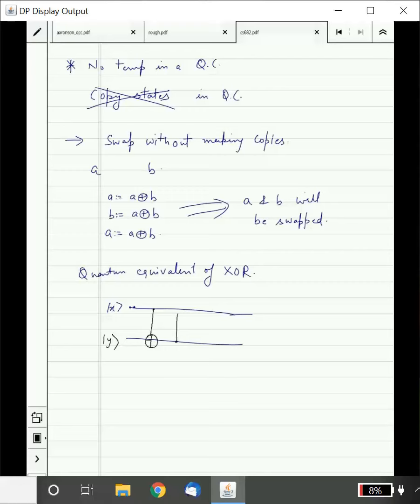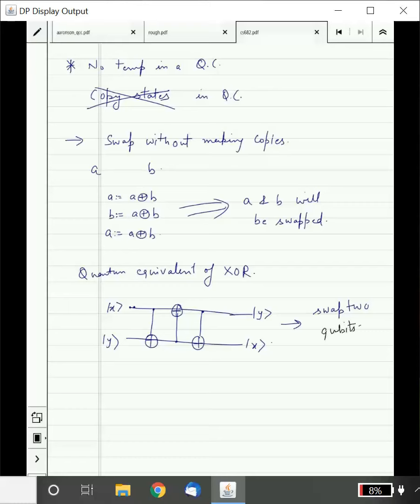I'm just doing the same thing, but I'm replacing XOR by C0 because I know that the quantum equivalent of XOR is the C0 operator. And you can convince yourself that this will swap 2 qubits.